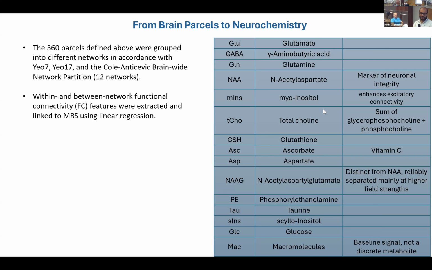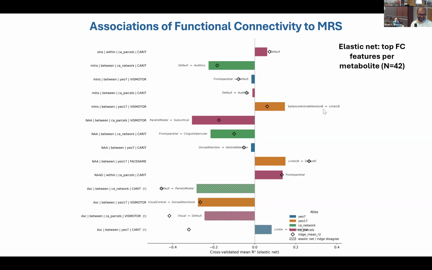But because this is more exploratory, I try not to single out one or two molecules, but do an omnibus test against everything. So this is the association of functional connectivity to MRS. Since we bothered Kelly to painfully help us download all this, we couldn't let it go to waste.